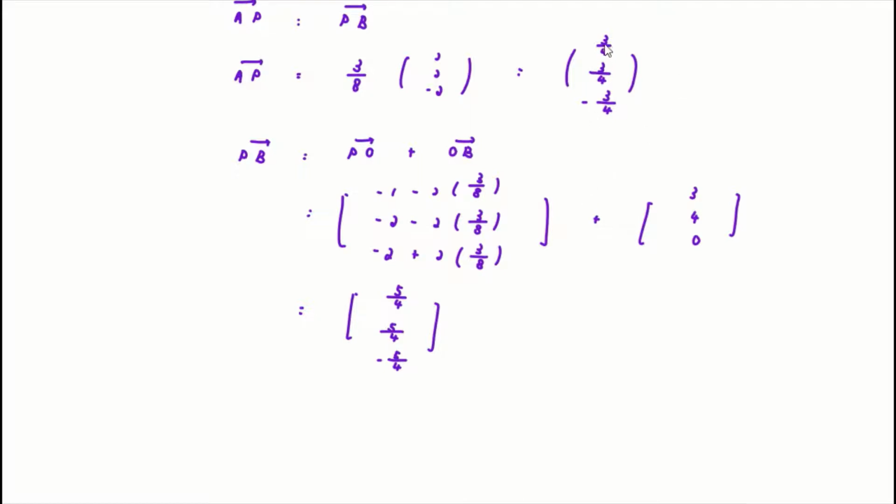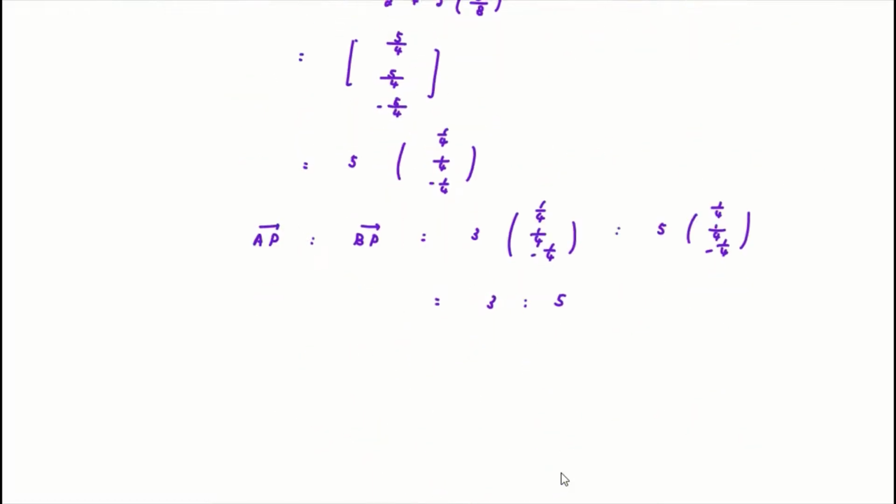So we can see 3 over 4, 3 over 4, 3 over 4, which means in this case you can take out 3. So 1 over 4, 1 over 4, -1 over 4. For this case, it's the same, so you can take out 5. So 1 over 4, 1 over 4, -1 over 4.